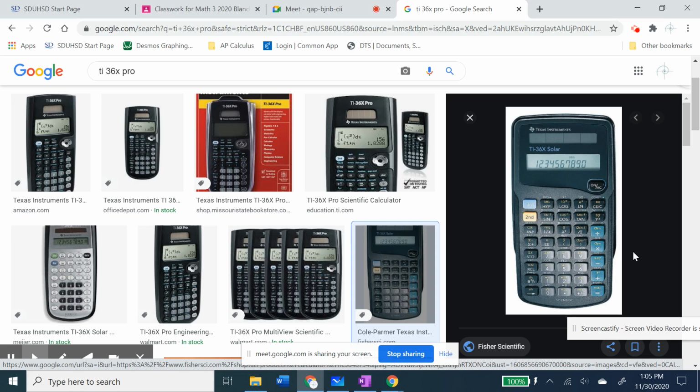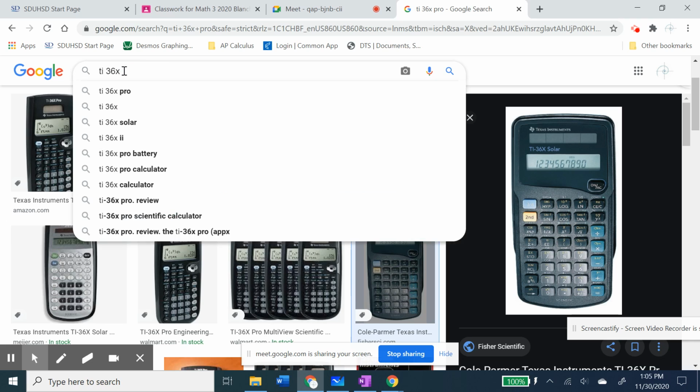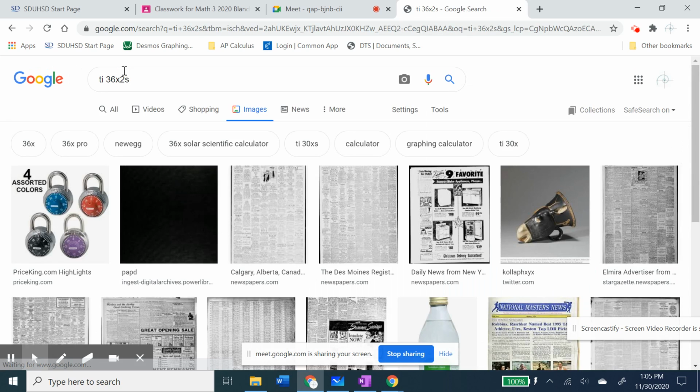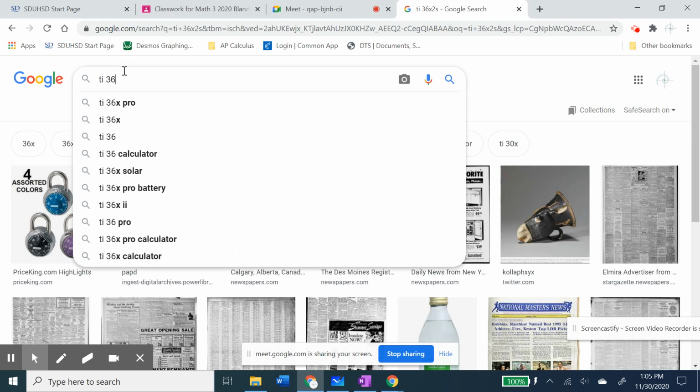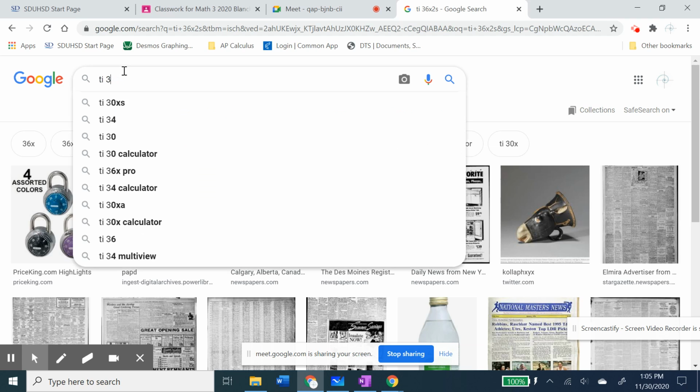But it's TI 30X. X2S? What happened? The name of it in the chat. Okay. Oh, Roman numerals too. If you send a normal to it'll come up. It's a 30, not a 30.